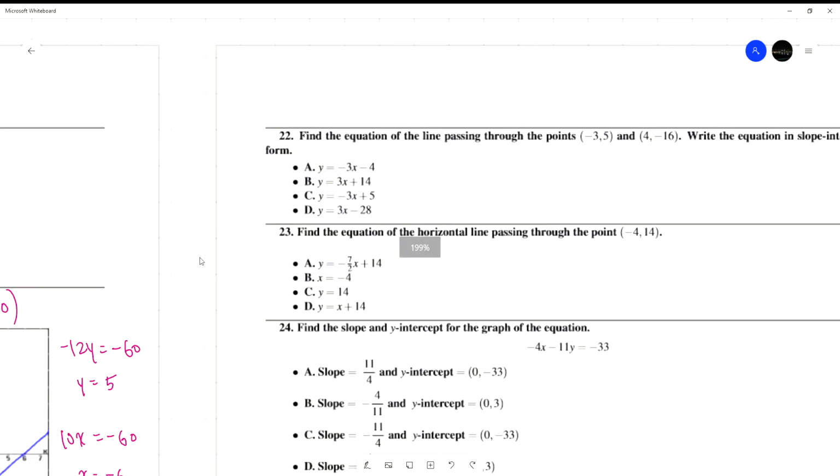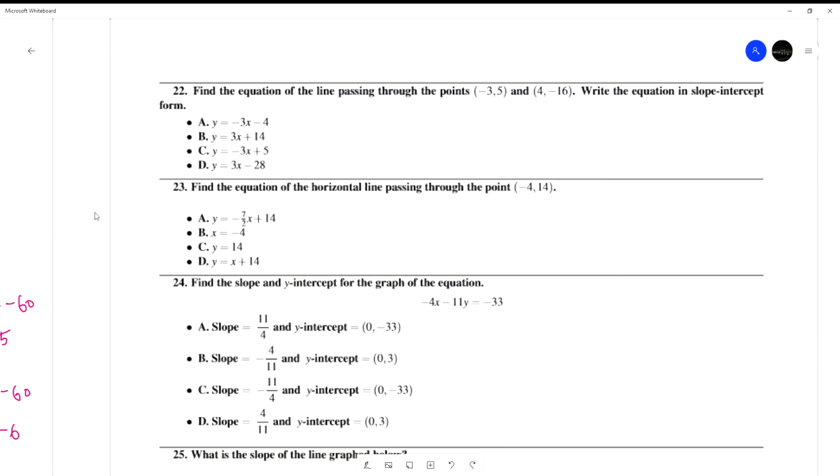All right, last page. Find the equation of the line passing through these points. What is the equation in slope-intercept form? So let's label these. This is my x1, y1, x2, y2. So my slope m is equal to y2 minus y1 over x2 minus x1. So negative 16 minus 5 is negative 21 over 4 minus negative 3 is 7.